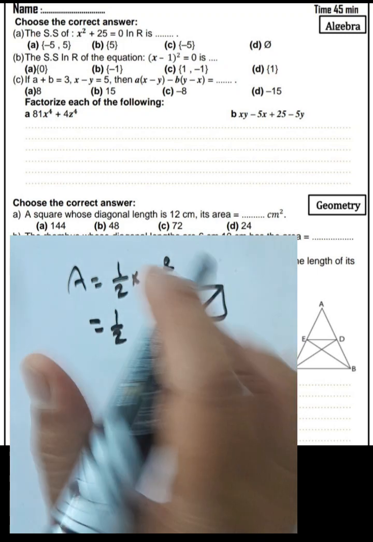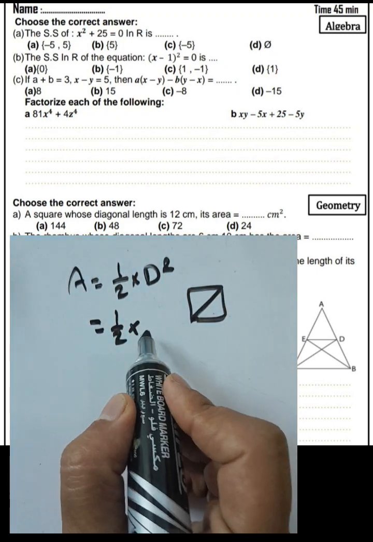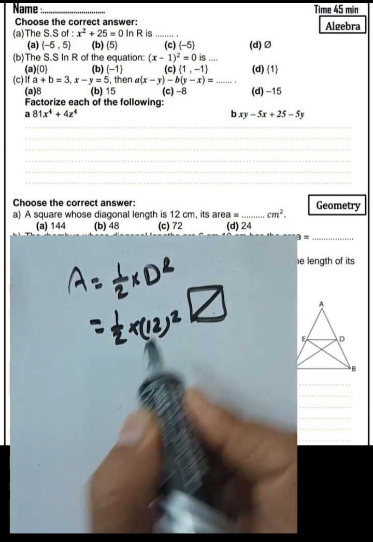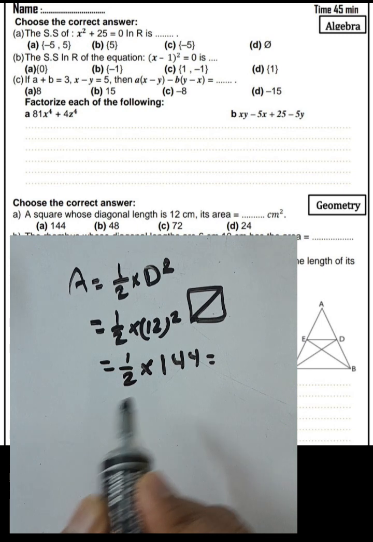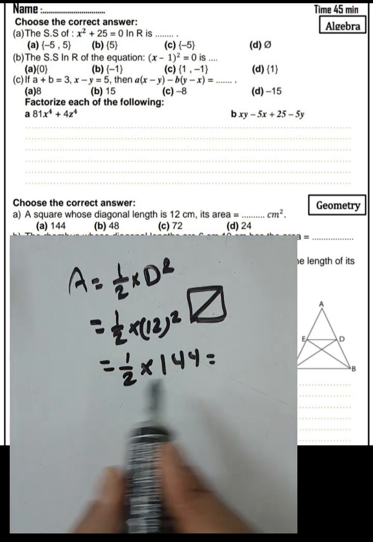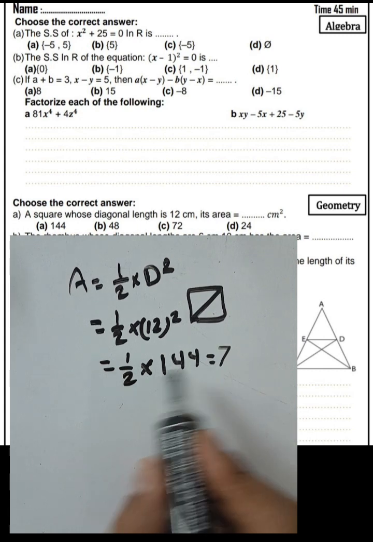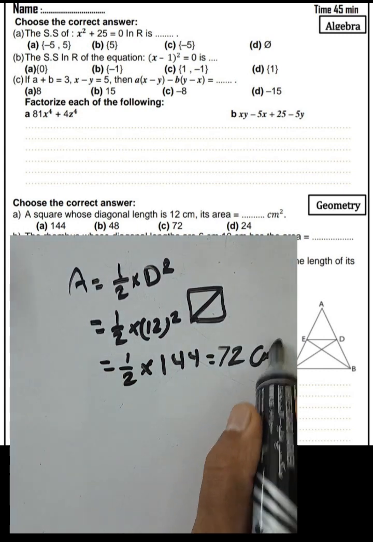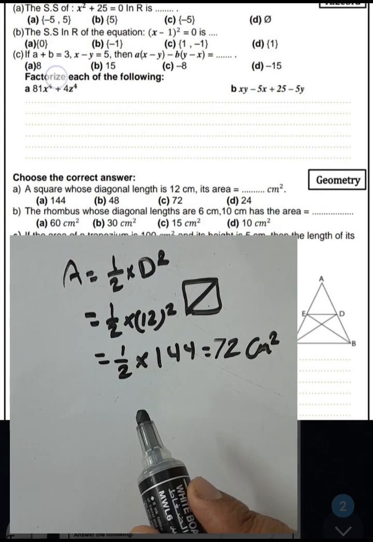Then the area will be half times diagonal to the power 2. The diagonal here was 12. Then 12 to the power 2 is 144. Then we can write half of 144: 14 divided by 2 equals 7, and 4 divided by 2 equals 2. The result will be 72 square centimeters.